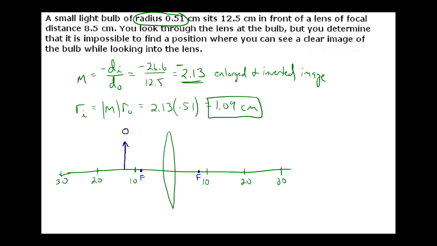So let's see. The P ray, for starters, starts parallel to the axis and then has to go through the focal point on the other side. So there's P. The F ray goes through this focal point. And once it gets to the lens, I ran out of lens. It goes parallel to the axis.